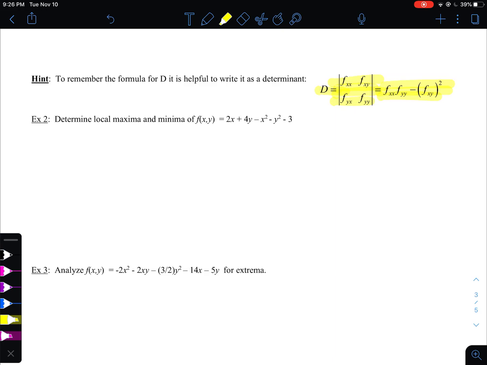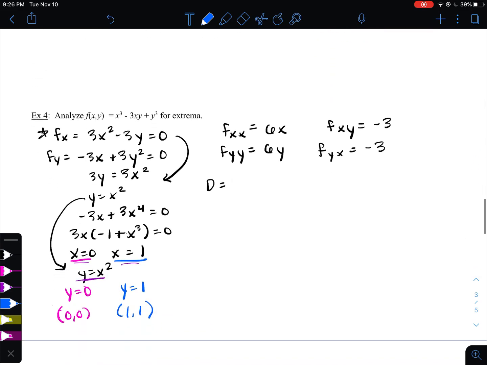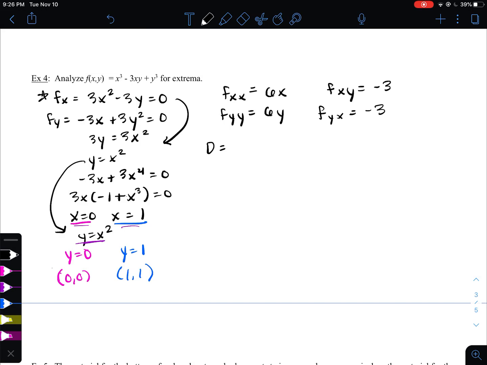Okay, so I'm multiplying the same second partial derivatives together minus the mixed partials together. Okay, so I could describe that here as the determinant of 6x, 6y, negative 3, negative 3. Okay, so that will be 36xy minus 9. So that will be the discriminant.